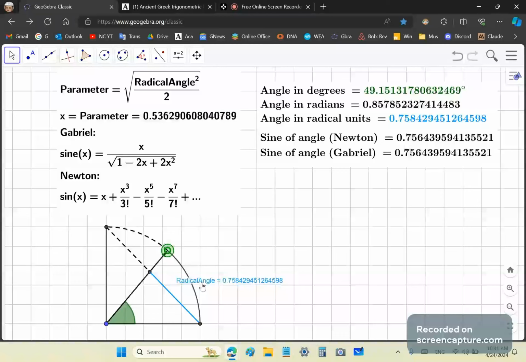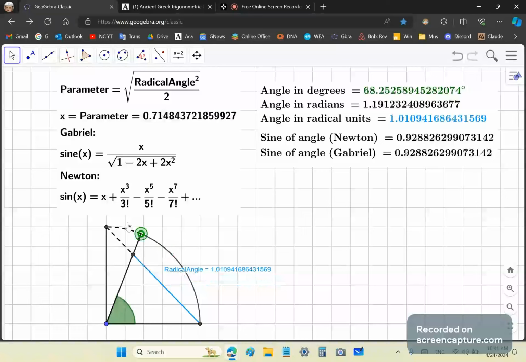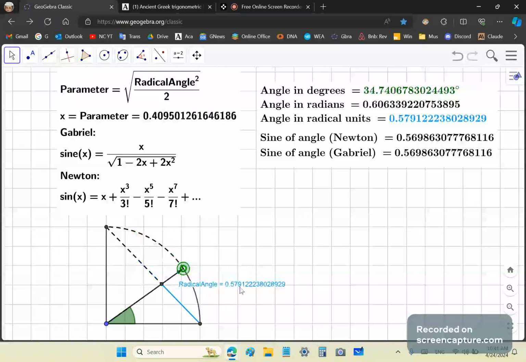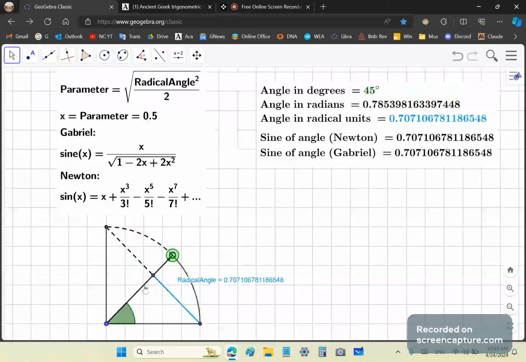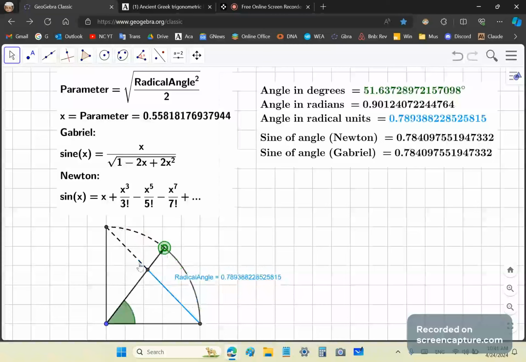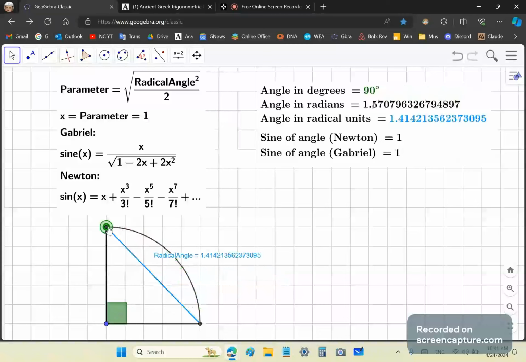You can get all these angles in terms of this line segment. Do you see that? This length here of the radical angle is just the length of this blue line segment. So here it's 0, here it's square root 2 divided by 2, and here it's square root 2, right?